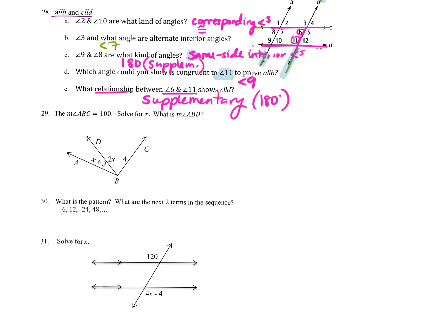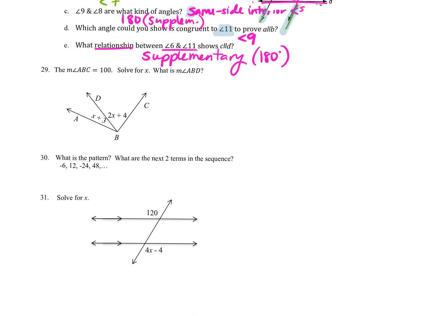All right, moving on. 29. It says the measure of angle ABC is 100. So this angle is 100 degrees. Solve for x. So that means the sum of these two should equal the 100. So we're going to say x plus 3 plus 2x plus 4 equals 100.